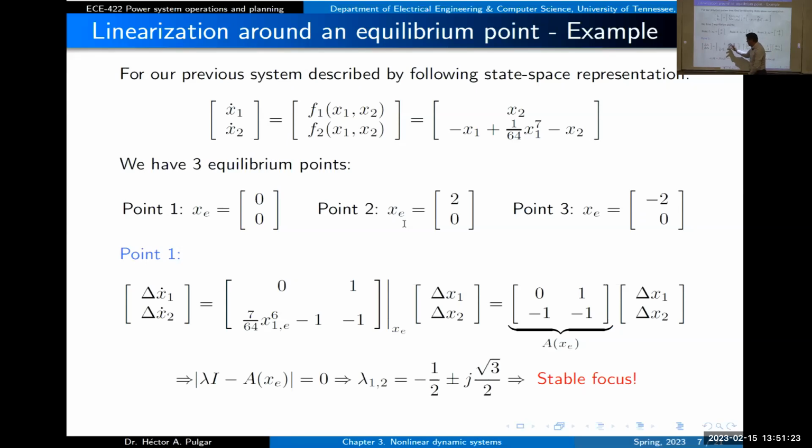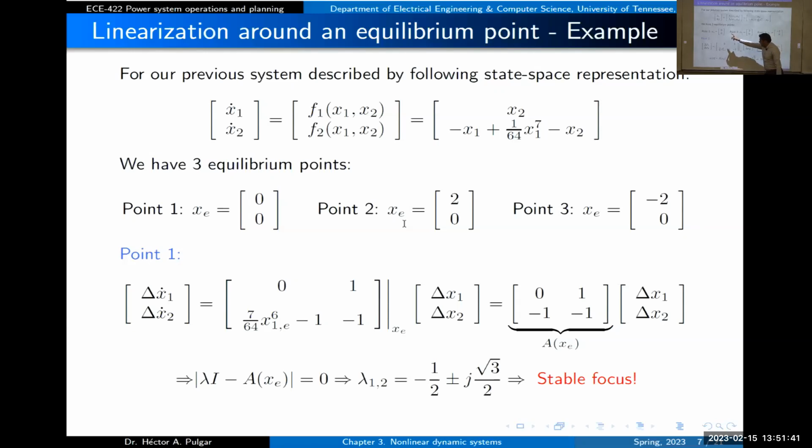By getting those derivatives, we get this generic matrix. By evaluating this now at the equilibrium point, in this case x1 is 0, we obtain the matrix, get the eigenvalues, and we got the first conclusion.